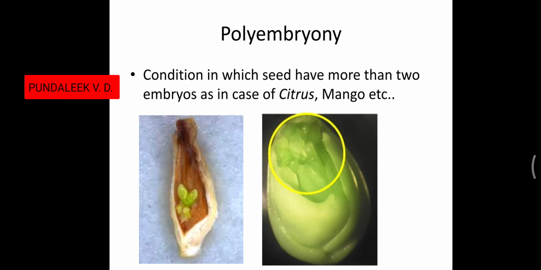In such cases we call the condition polyembryony. Usually in the adventitious apomixis type, polyembryonic cases can be seen. So once again, polyembryony is a condition in which seeds have more than one embryo. Examples are citrus and mango.